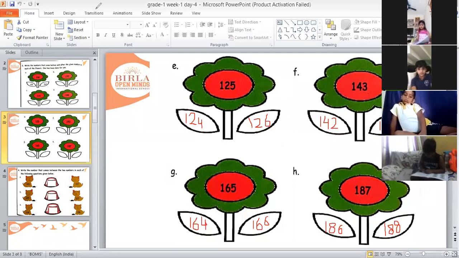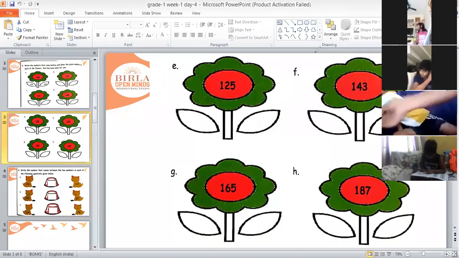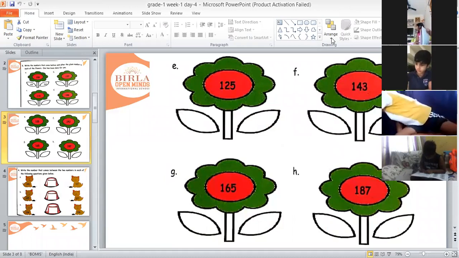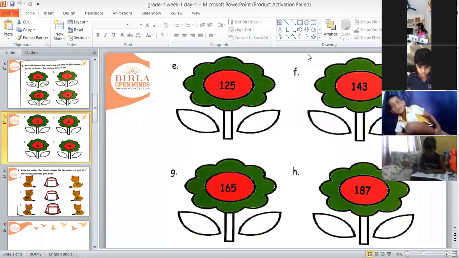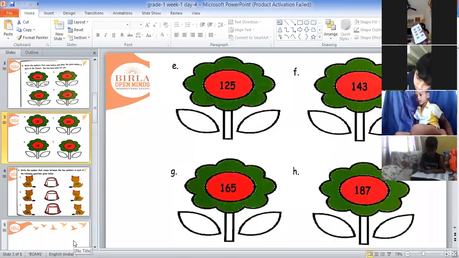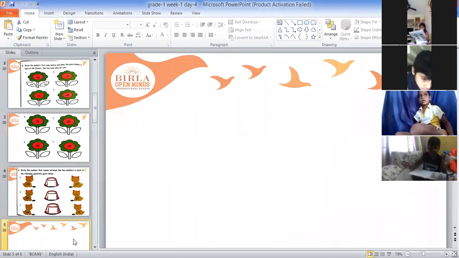I'm clearing all this, and now I want you all to take out your math notebook. Children, take out your math notebook quickly. And now we will do practice of place value. Come on. Take out your math notebook, children.